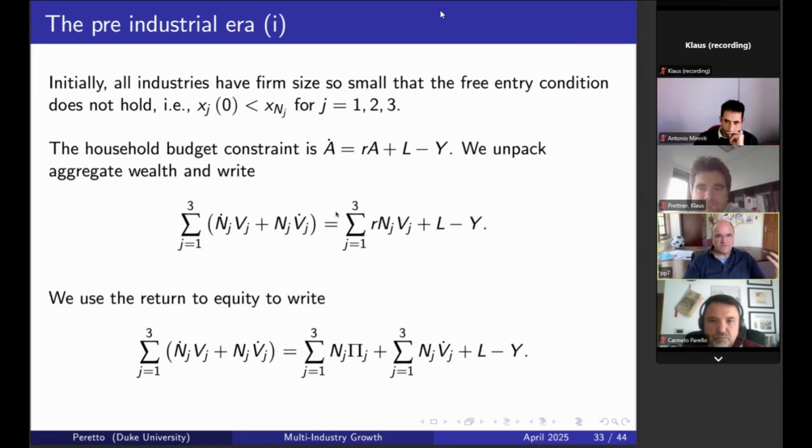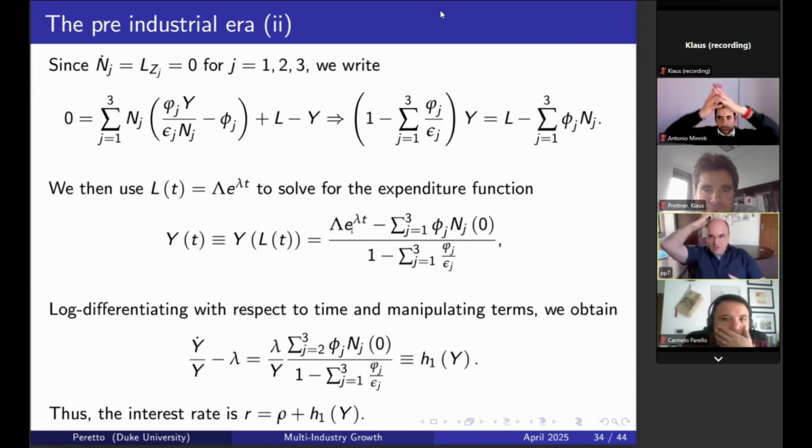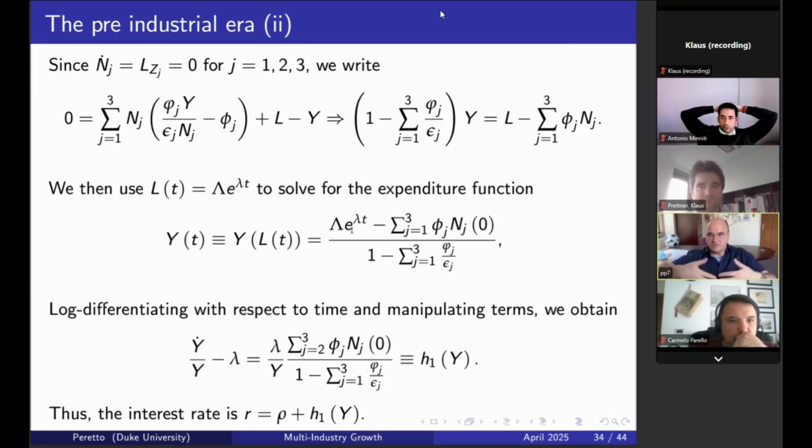It turns out that you can write things in a very, very tractable fashion. For this exercise, it's more convenient to write everything in terms of aggregate market size. And so you get an expenditure function that features this exponential term that represents the growth rate of the population. That's the Smithian population growth that is pulling everything up, and it manifests itself as higher productivity through the static economies of scale of the model. That's why I call it Smithian growth.